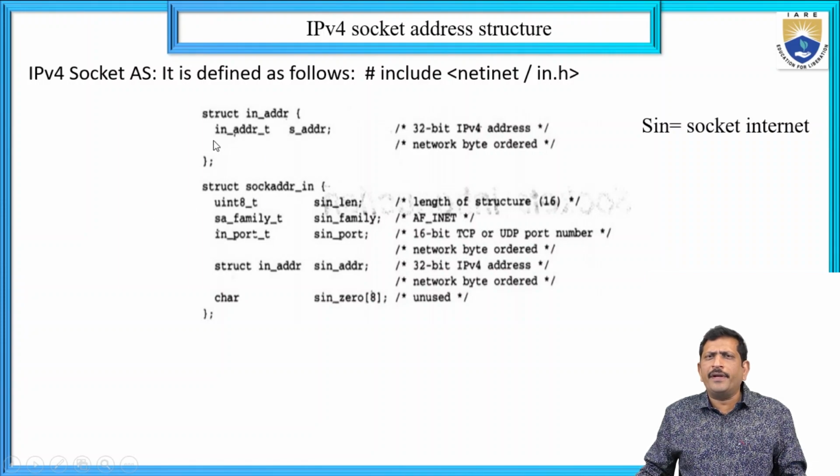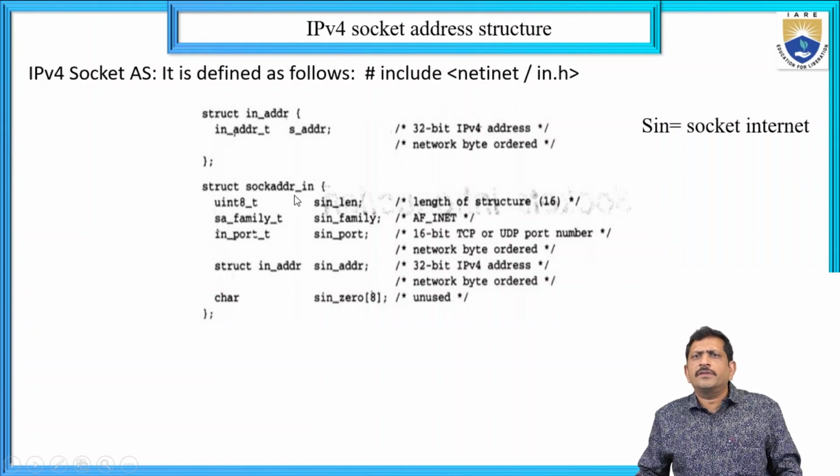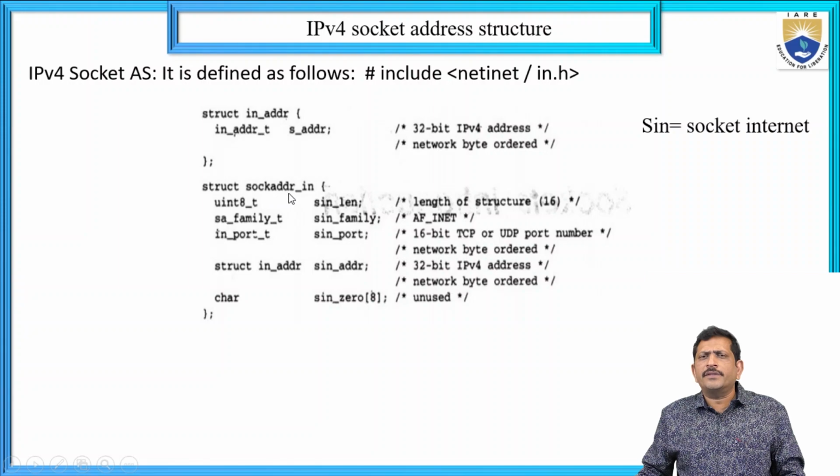The code can be written as struct in_addr { in_addr_t s_addr; }. This is the internet address, which is a 32-bit IPv4 address, in network byte ordering. Then struct sockaddr_in.